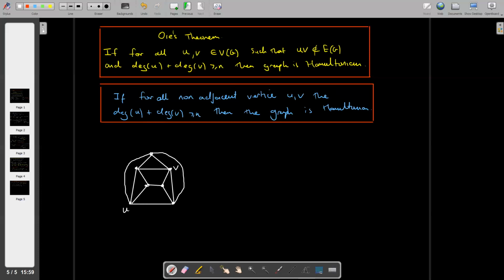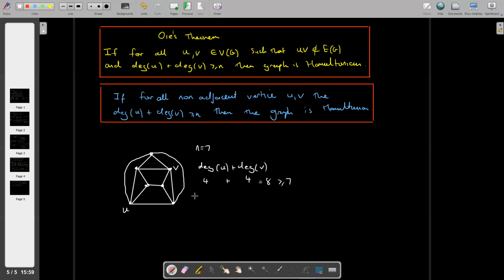So the degree of U is 1, 2, 3, 4, plus the degree of V, which is 1, 2, 3, 4. Well, that's equal to 8, which is greater than or equal to n, which is the number of vertices, and n is equal to 7 here: 1, 2, 3, 4, 5, 6, 7.